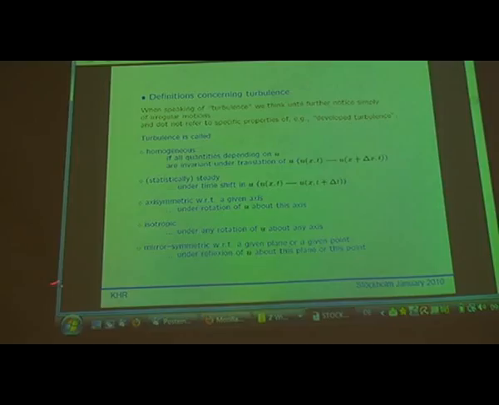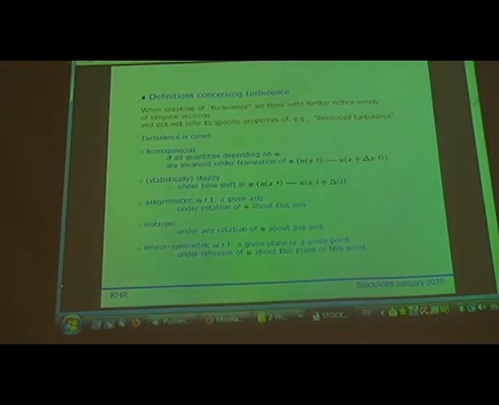For this purpose, I define symmetry properties of turbulence. When saying turbulence in this context, I simply mean a fluctuating velocity field, regardless whether or not it has special properties of turbulence, developed turbulence, or something like this. It's only a name for fluctuations of the velocity field.